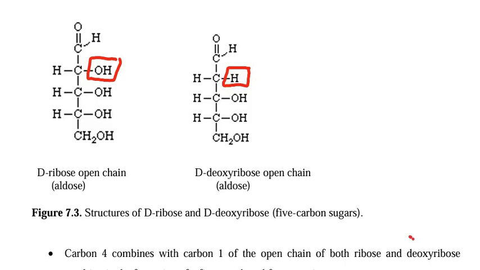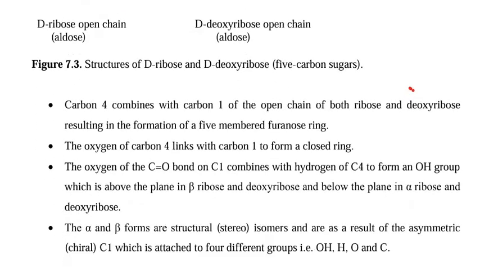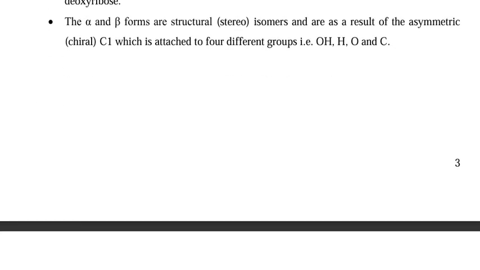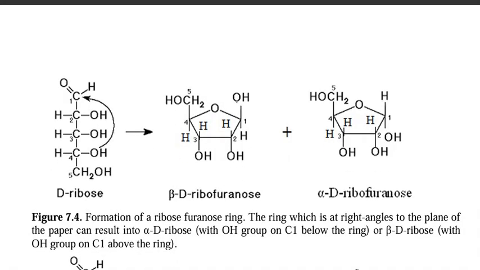And this same striking difference is going to simply create what we call the alpha and the beta structures. If you look at your D-ribose structure, this is what we are having.